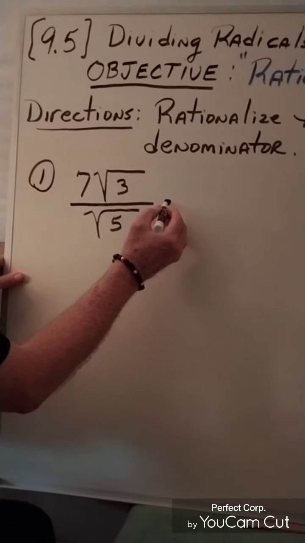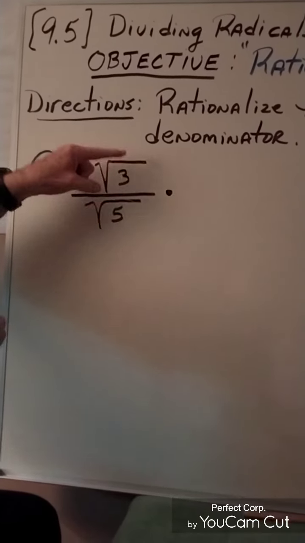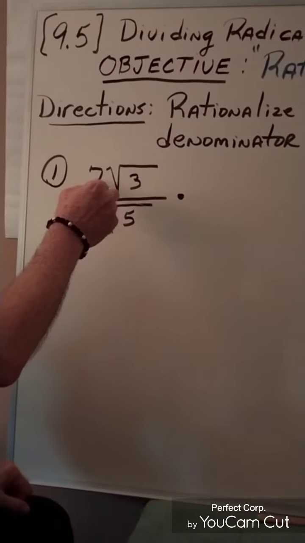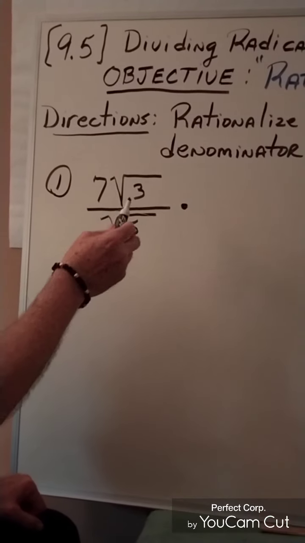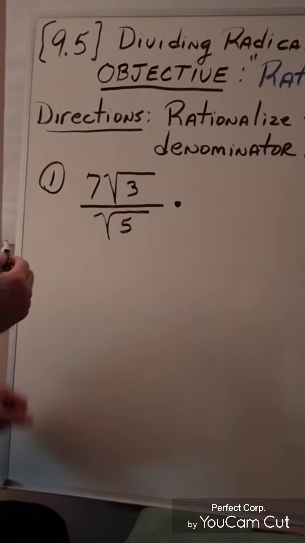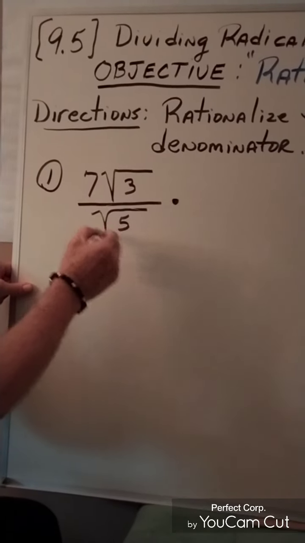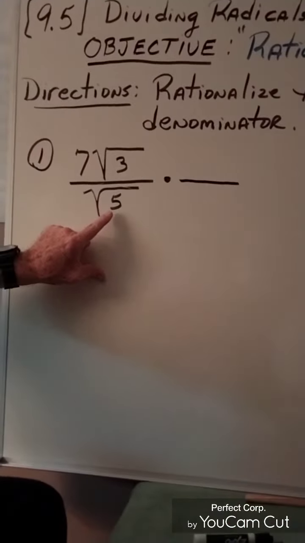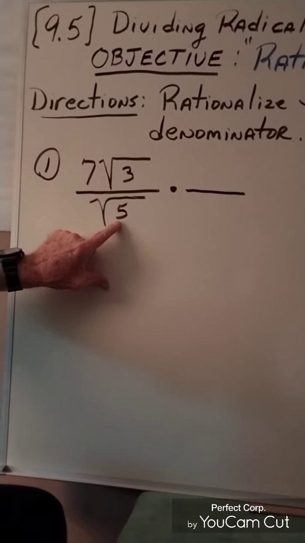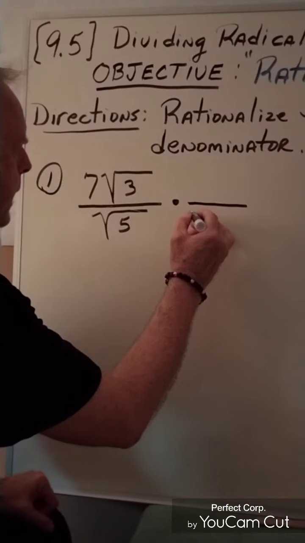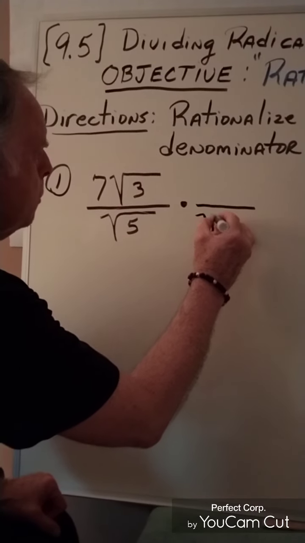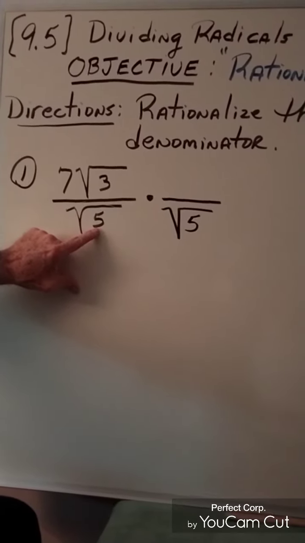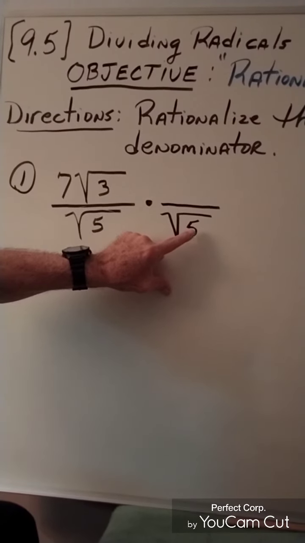If I put a multiplication sign here, we can do anything that we really want to do in terms of multiplication with a fraction. I can multiply the numerator by anything just as long as I do the same thing with the denominator. So here's the original problem. We put a times sign here and we make another fraction bar. We have the radical of 5 as this denominator. If we multiply that denominator by another radical of 5, I have one factor of 5 here, and now I have a second factor of 5.